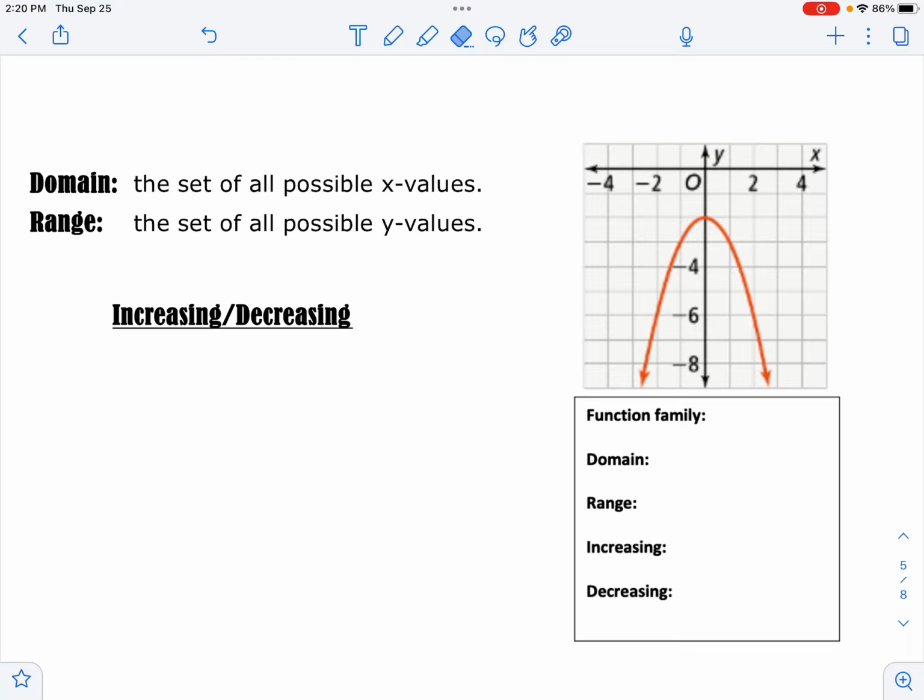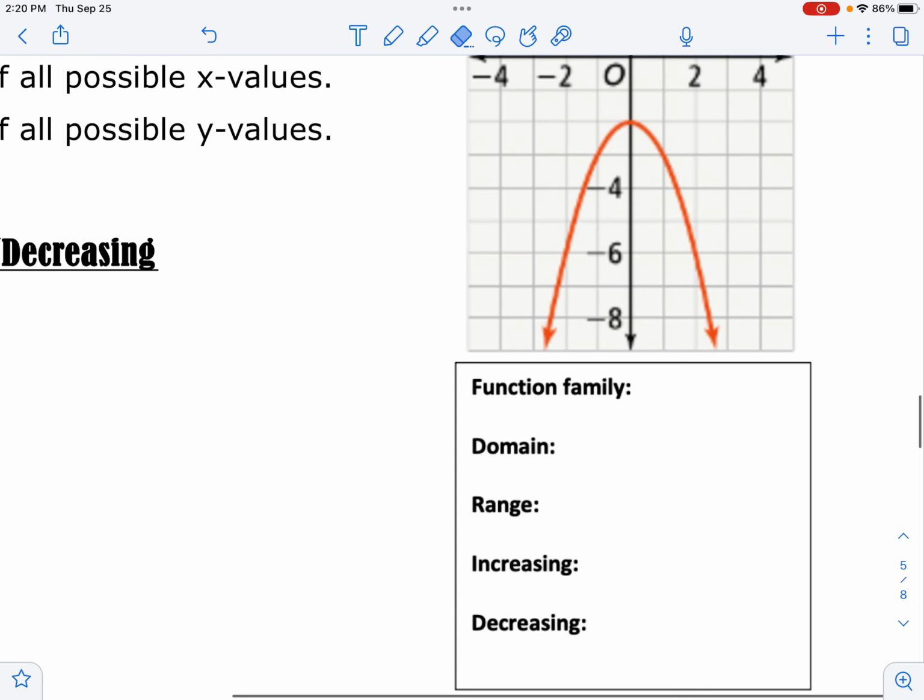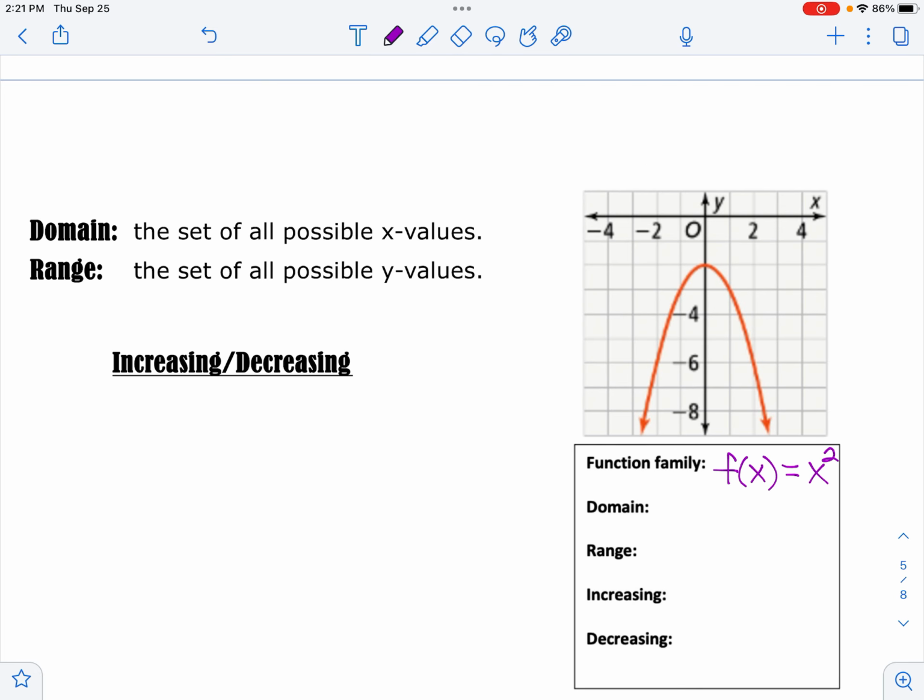So over here we have a parabola. So I could say this function family is the quadratic function family, f of x is equal to x squared. Or you could say function family quadratic. Whatever you want to do, that's our function family. The domain for this particular graph is every set of possible x values.